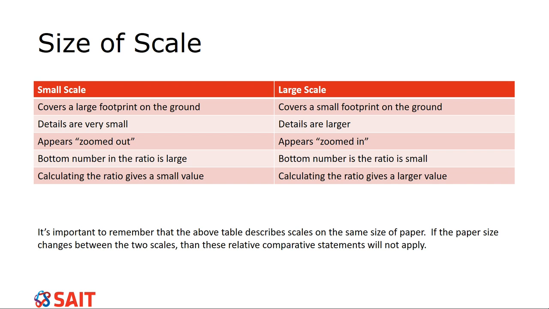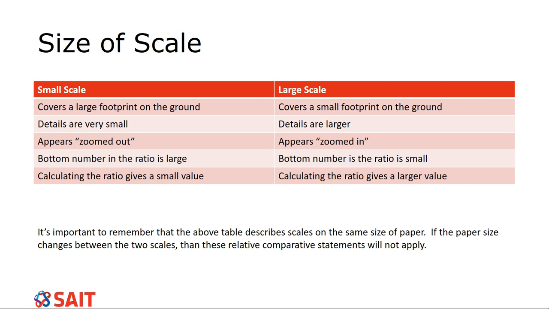Now, the thing with this is that it can get kind of confusing, because with small scale, everyone thinks it's a small little area. That's actually the wrong way of thinking about it. A small scale covers a very large footprint on the ground, which means that I have very small details. Everything looks really zoomed out.